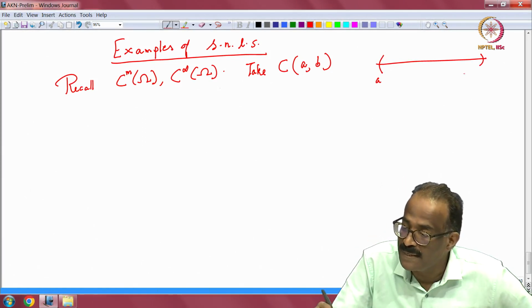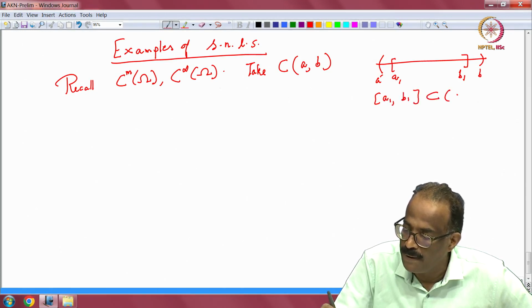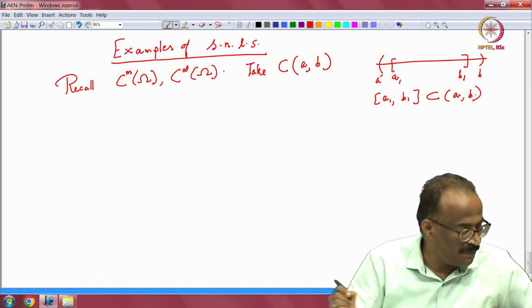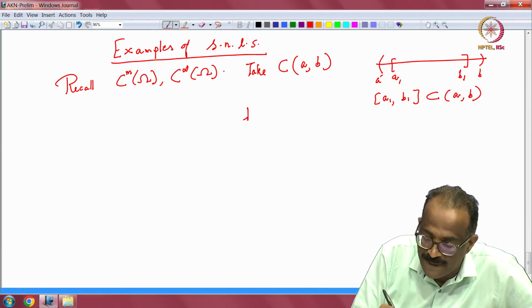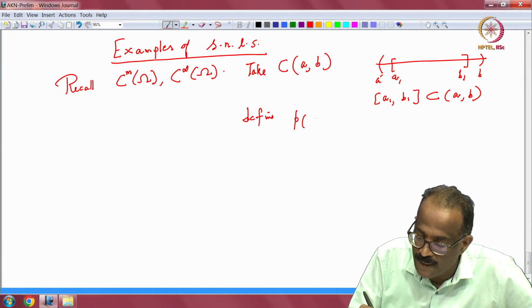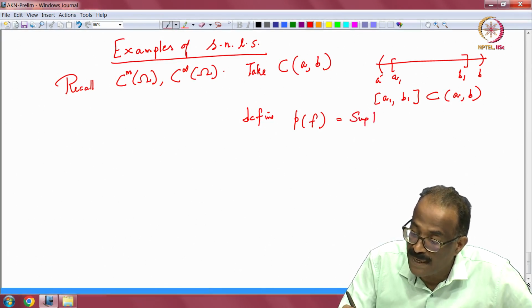So, if I take any closed interval inside, if I pick a closed interval [a1, b1] contained in (a, b), then I can define p of f equal to the supremum of, the problem is openness, to make this finite.